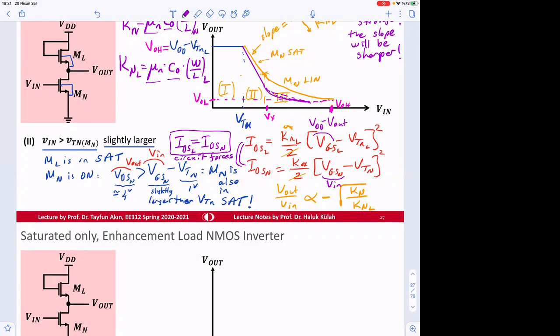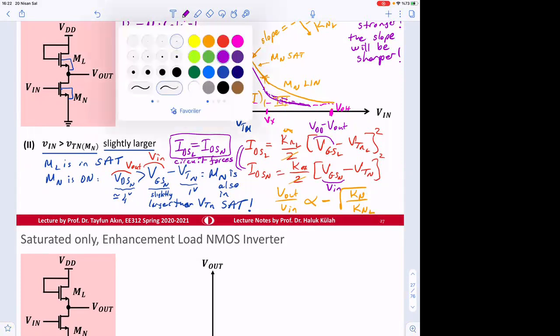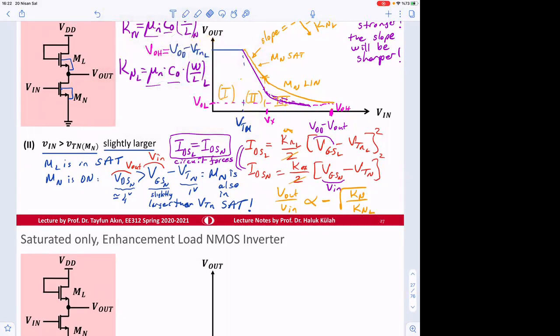That Vx point, maybe it's not going to the same point. This might not be at the same Vx. So let me just erase that part because I'm not sure. I don't want to make a mistake here.